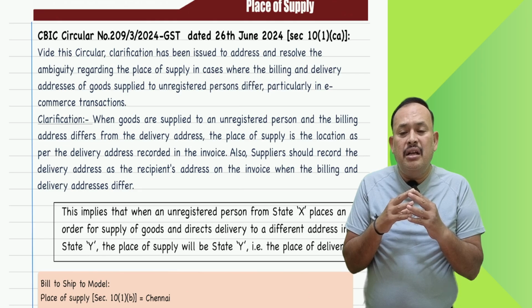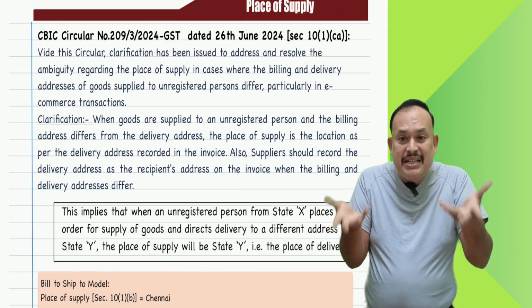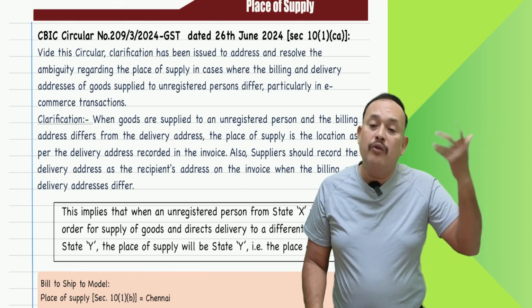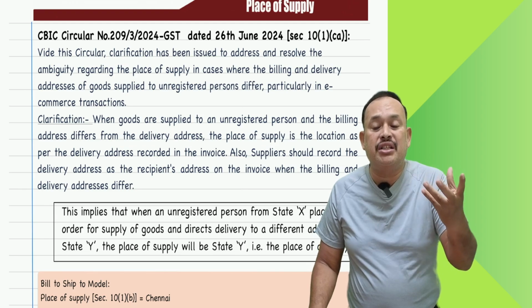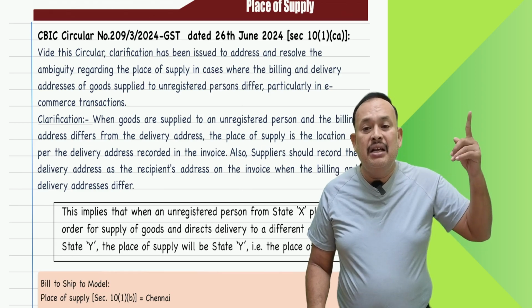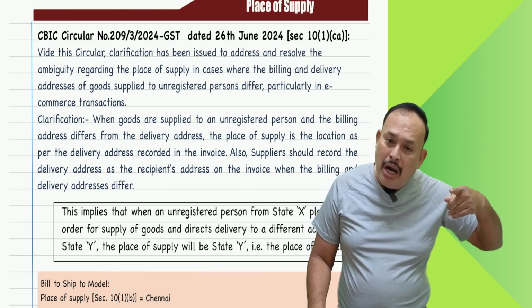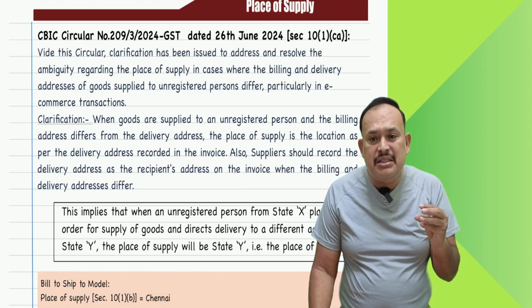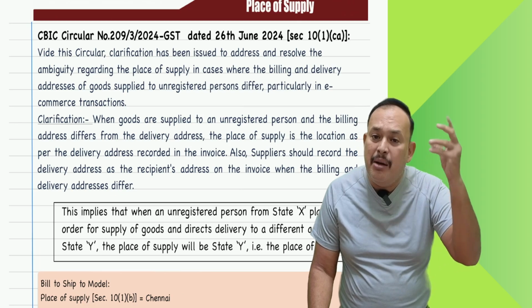Now, a different case. Mr. Vaidya, who is my best friend, wants to gift a particular watch to Mr. Rafi in Chennai. So, Mr. Vaidya is booking through Amazon a watch for Mr. Rafi. The billing address is Vaidya, Mumbai.